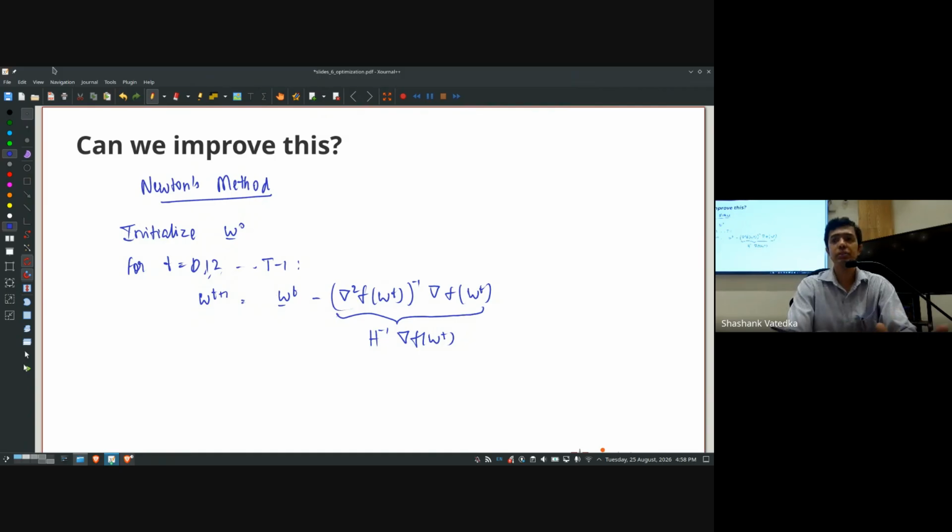If you choose a large learning rate, then along regions where the curvature is very high, you'll keep oscillating.